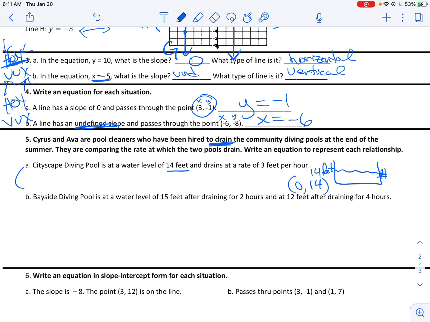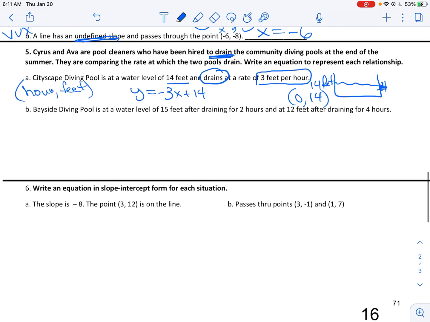That means my rate, which is feet per hour, means my hour is my x and my feet is my y. So I do y equals 14. What does it say for my rate? 3 feet per hour. But it's draining, so it's not getting higher, it's getting lower, so -3x.